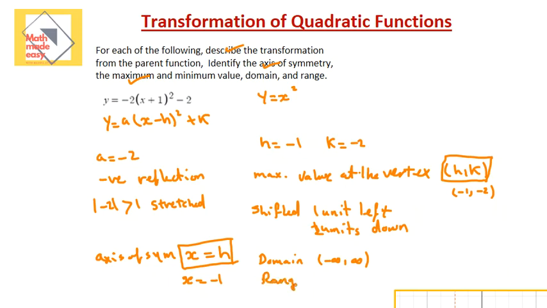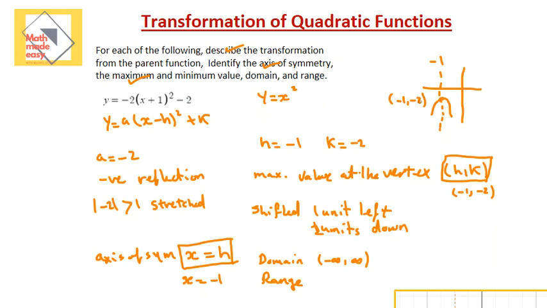What about the range? Well, we said that this function is reflected, so it's looking downwards, right? And we said this function has an axis at x equals -1. We also said that this vertex is at (-1, -2), and that this vertex is the maximum point, which means that the rest of the values of the range are below this line, right?